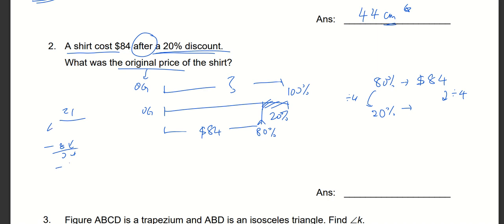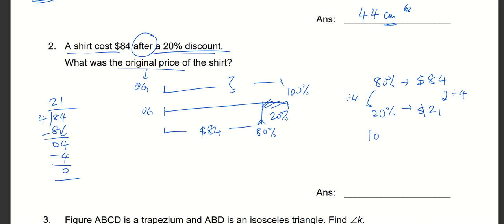Okay, forgive my handwriting. Let me write it again on this device. 84 divided by 4. Okay, that's 21. So 80% is $84. 20% is $21.